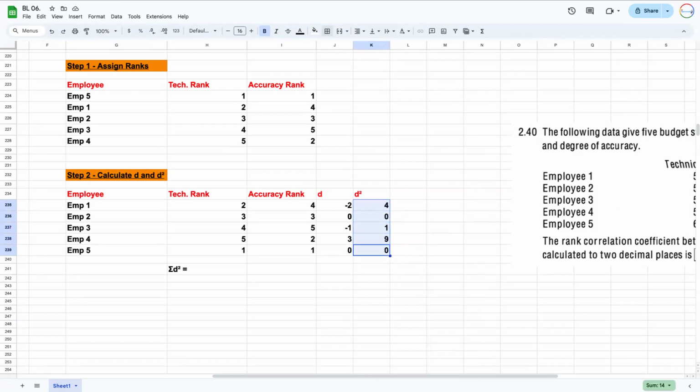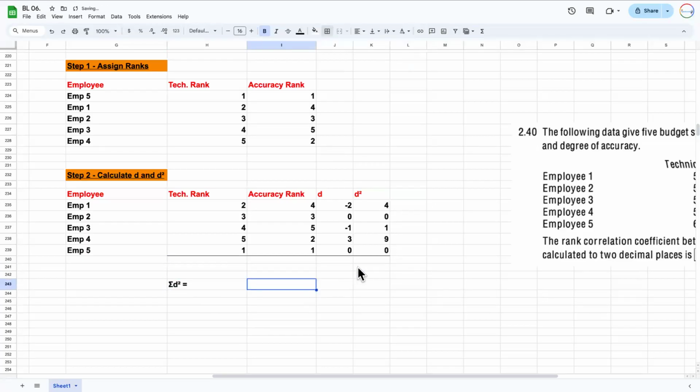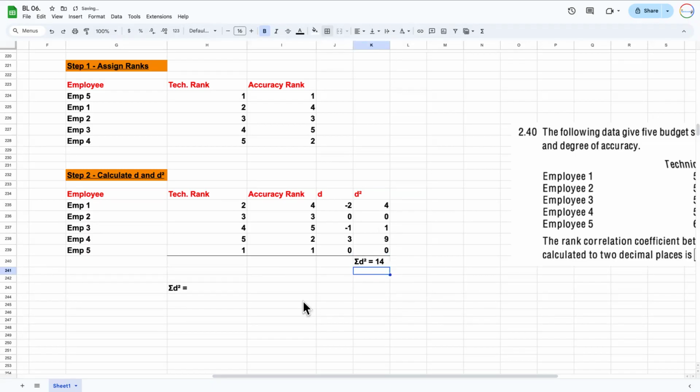It is coming as 14. So sigma D squared is equal to 14. I hope you are okay with that. Now step 3, once you calculate that, is to use the formula.